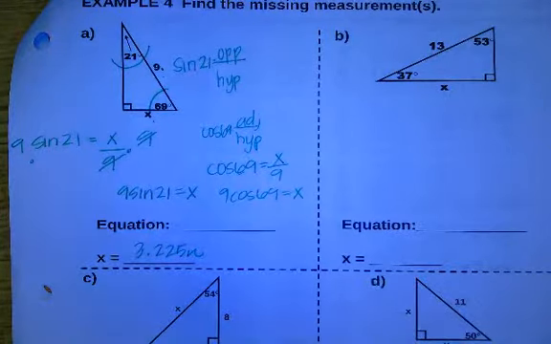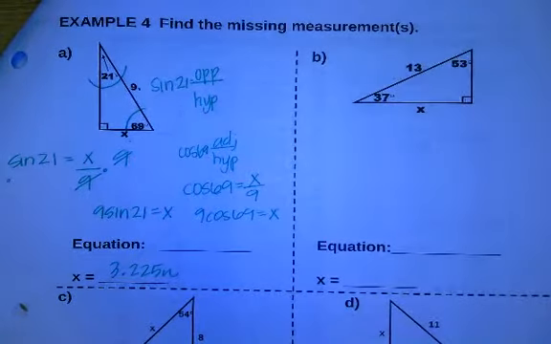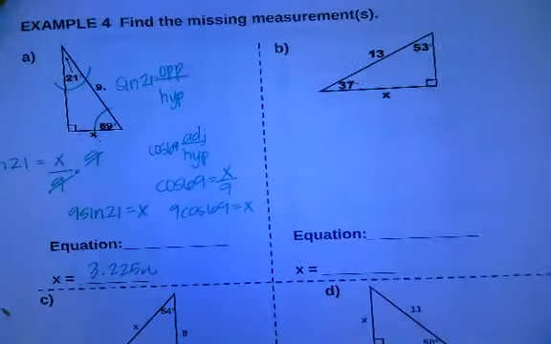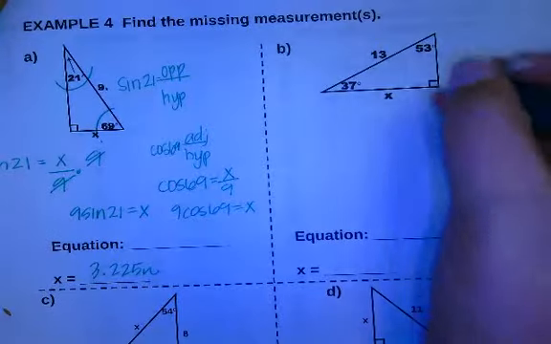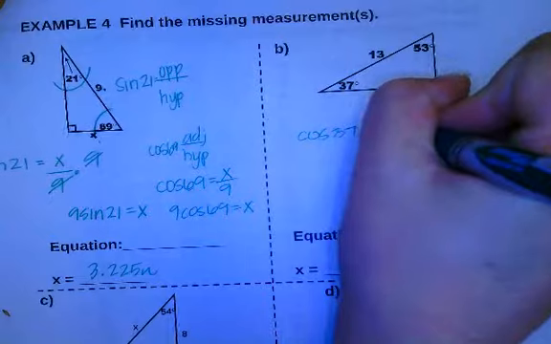Okay, y'all. For letter B, those of you that used 37 degrees, what trig ratio did you use for 37 degrees? Cosine of 37 equals x over 13.